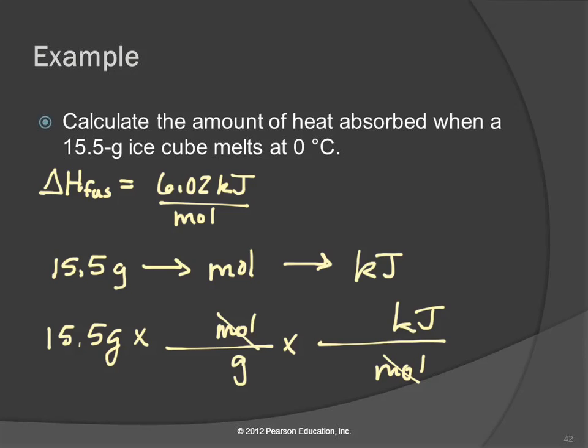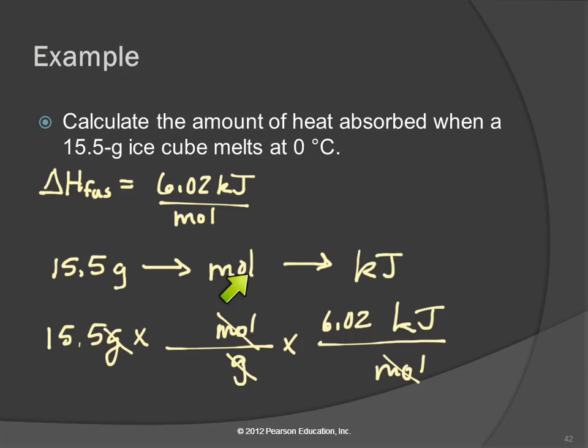I want moles to cancel out. I want grams to cancel out. The number for this last factor is the heat of fusion, 6.02 kilojoules per mole. So I'll stick that in there, 6.02.